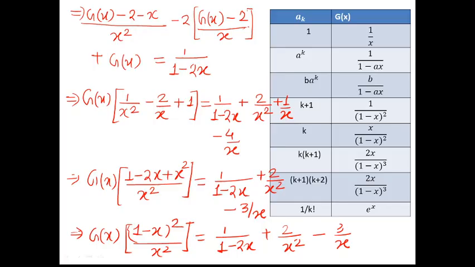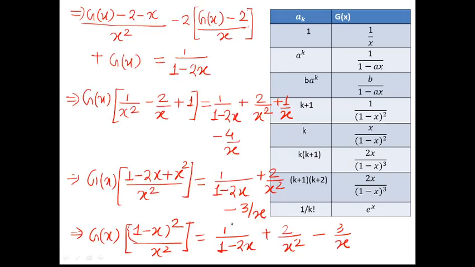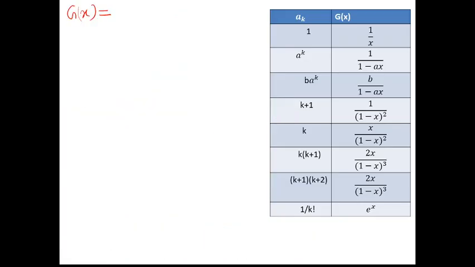Now after this, what do we do here? Now, so therefore dividing by 1 minus x whole square upon x square. So we have this implies g of x, retaining only g of x on the left hand side. So we have very first term is 1 upon 1 minus 2x into, it will be x square upon 1 minus 2x into 1 minus x whole square.